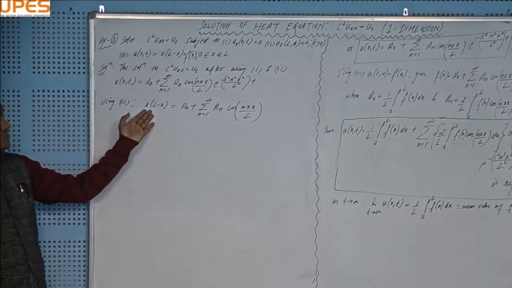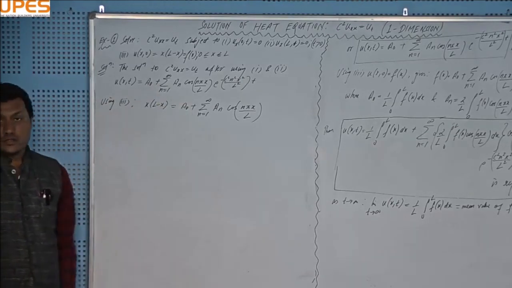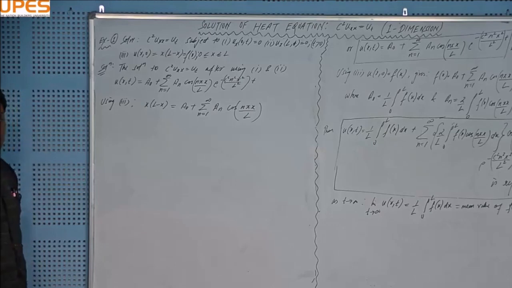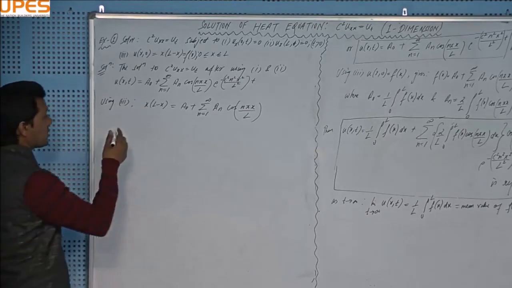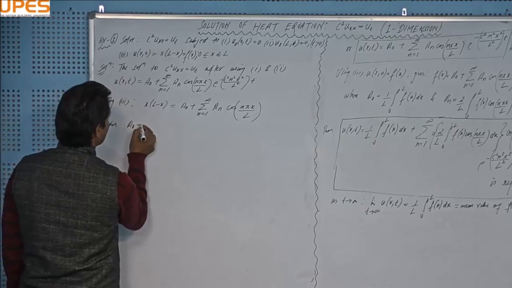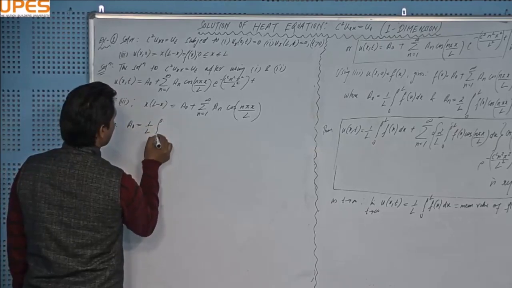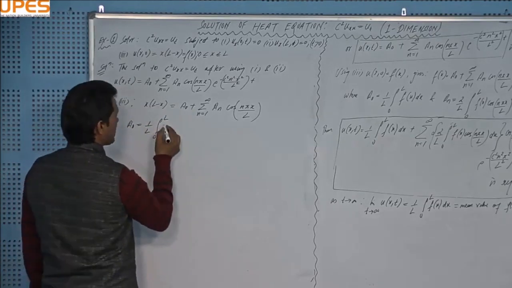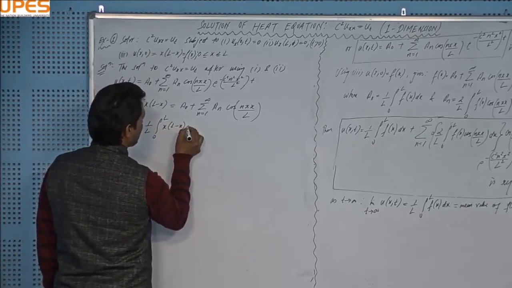Since this function has been expressed as a sum of cosine functions, this is similar to the half range Fourier cosine series, and the coefficients are given by the formula a_0 = (1/L) integral 0 to L f(x) dx, that is x(L − x) dx.